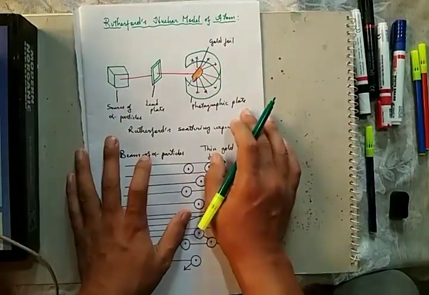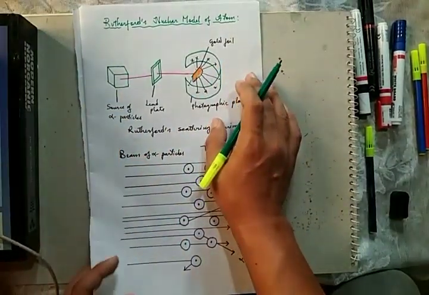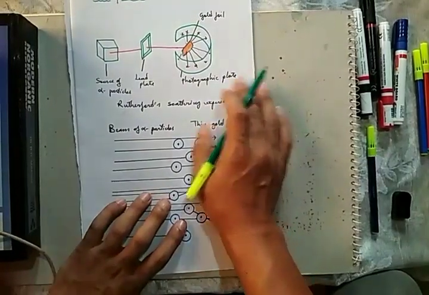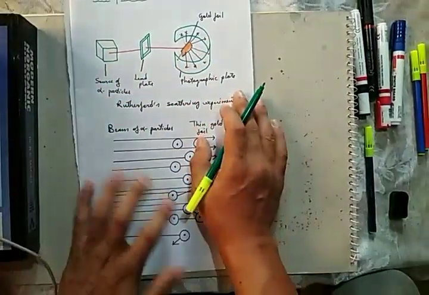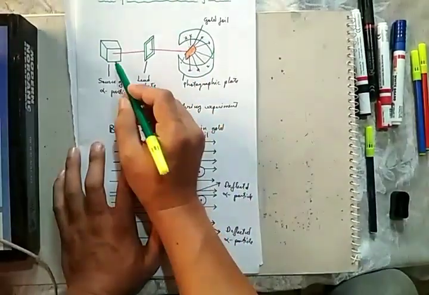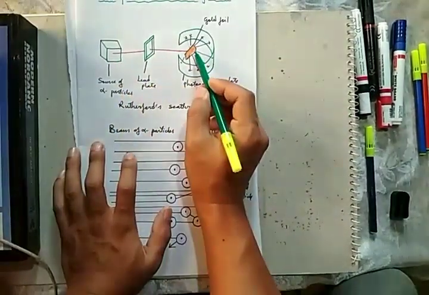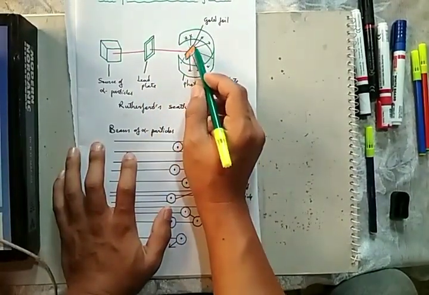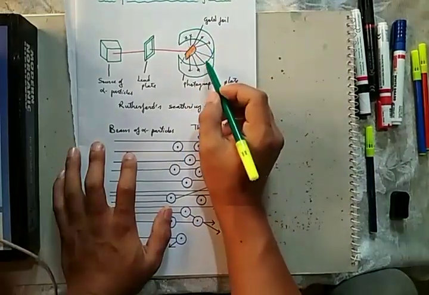Then he carried out his experiment. What he observed when he carried out his experiment was, he bombarded these alpha particles through a lead plate, and they struck the gold foil.